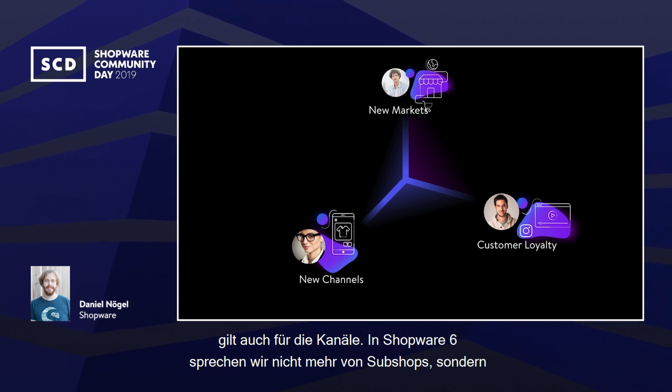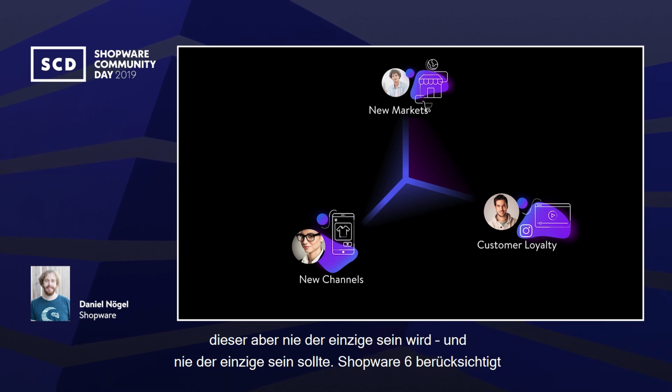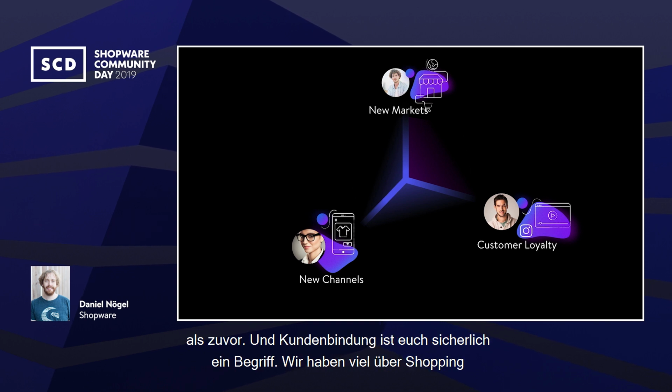So in Shopware 6, we are not talking about sub-shops anymore, it's sales channels. And the main concept here is that we have understood that a web shop might be one channel you have, but it will never be the only one, or it shouldn't be the only one. So Shopware 6 is aware of that fact, and it allows you to roll out products to different channels way better than we have been able to in the past.